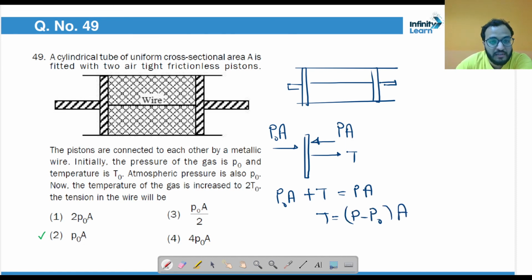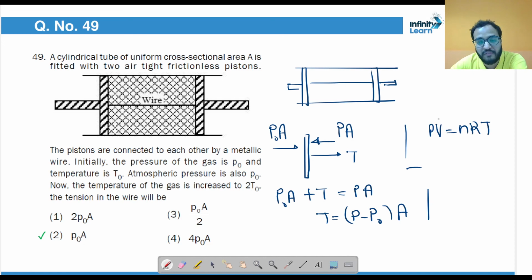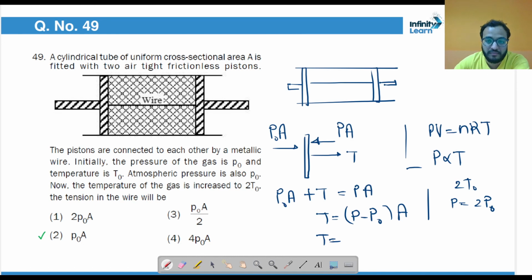Now what they have done is the volume is constant, right? PV equals nRT. If volume is constant, P is directly proportional to temperature. So if temperature becomes 2 T naught, P also becomes 2 P naught. So the tension will be, let's say the tension to be F, otherwise it will confuse with temperature, right?